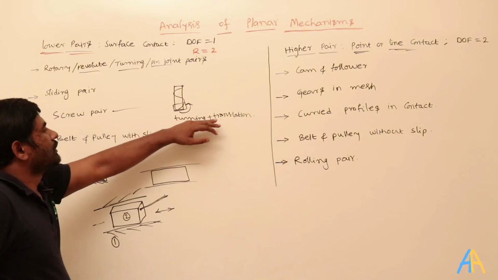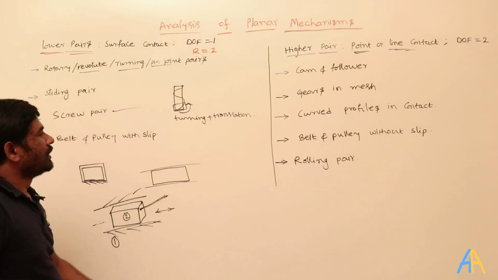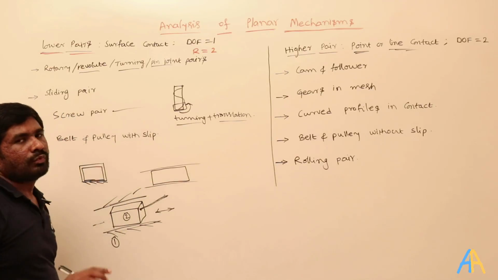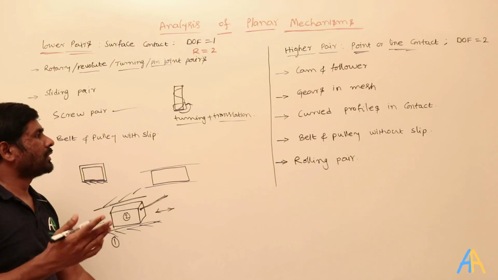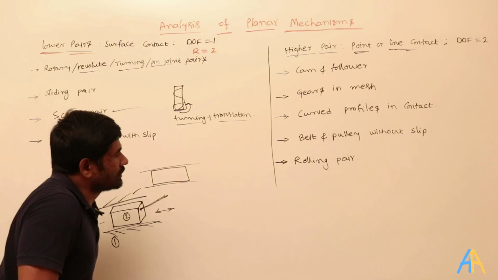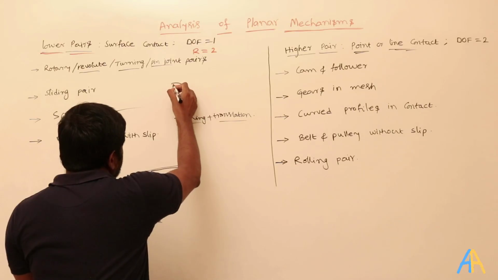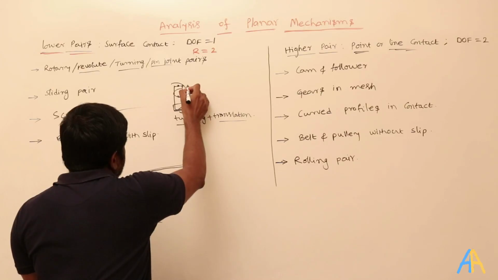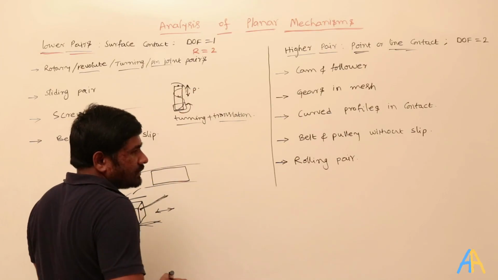2, turning and translation. Then you may think that the degree of freedom should be 2 instead of 1. But here this turning and the translation are not independent, but dependent on each other. How are they dependent? For example, if I start here and complete one complete revolution and reach the same point, then this displacement is called the pitch of the screw.